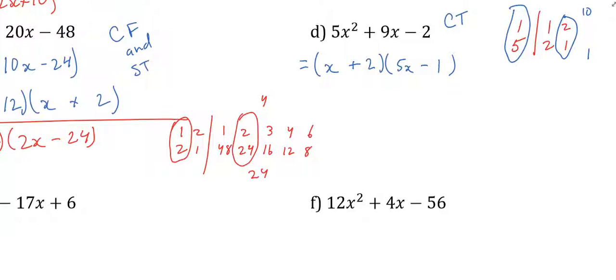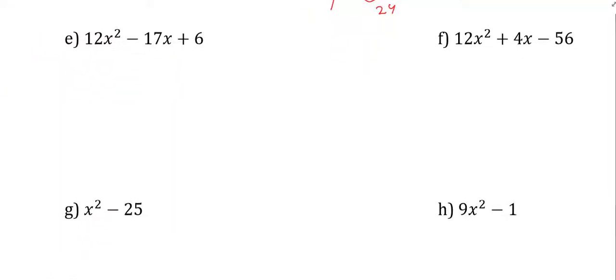Before we do any more of these, let's just look at the 4 that we have up here. What do I observe? How many terms does E have? 3. How many terms does F have? 3. So they might be trinomial type factoring. How many terms does G have? Only 2.